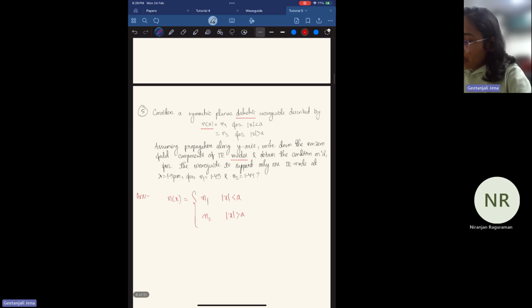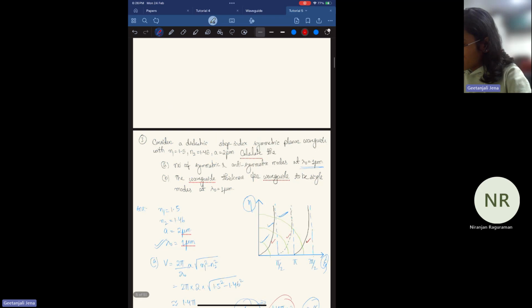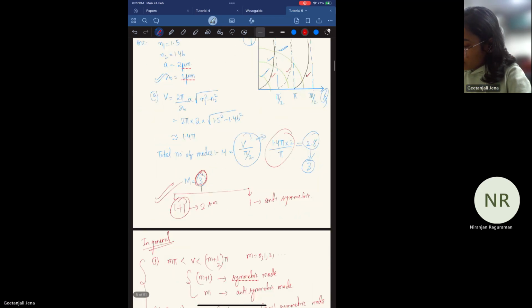Assuming the propagation along the y-axis, write down the non-zero field components of TE modes and obtain the condition on a for the waveguide to support only one TE mode at lambda equal to 1. I think I have skipped the second part. Sorry, this part I have missed. Now only I recall. So we missed this part.